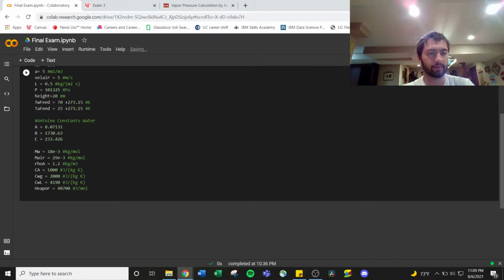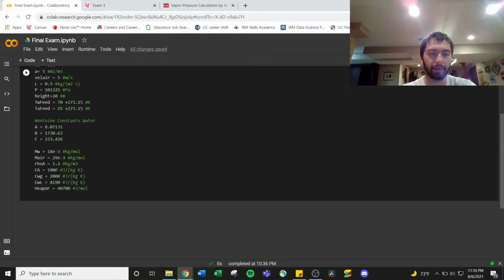And then next I have some more constants. So the molecular weight of water I have is 18 grams per mole, which I then took to kilograms by multiplying times 10 to the negative third. I did the same for air, except the molecular weight of that is 29. Then I have the density of air as 1.2 kilograms per cubic meter.